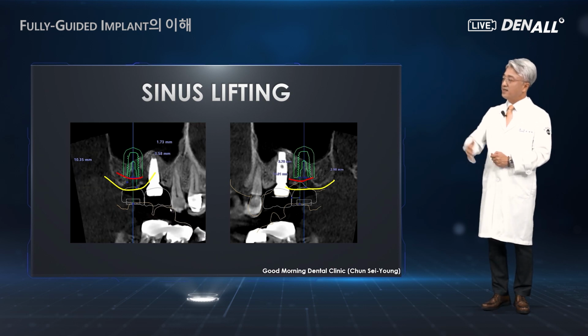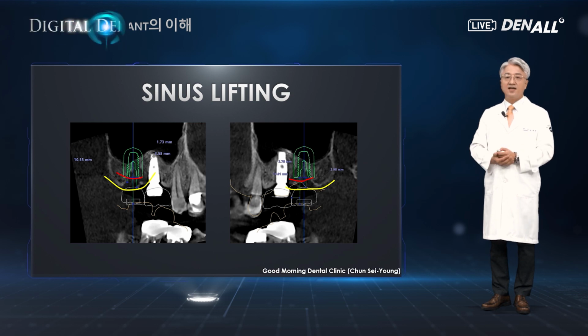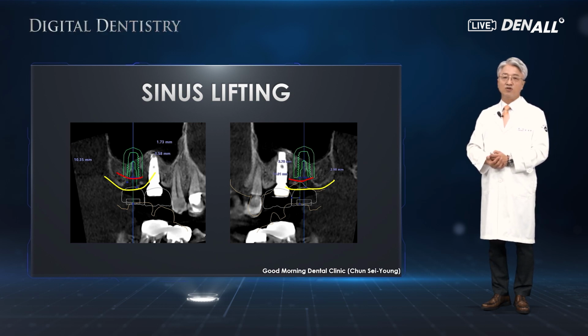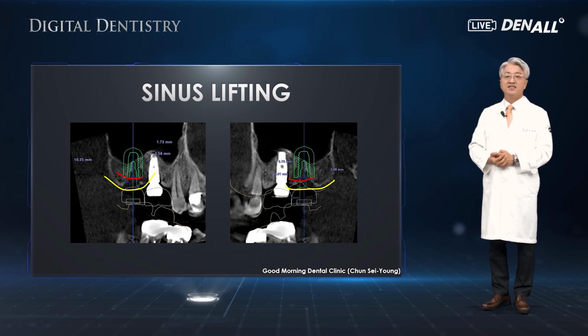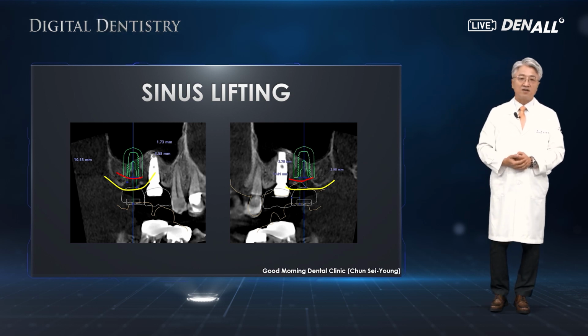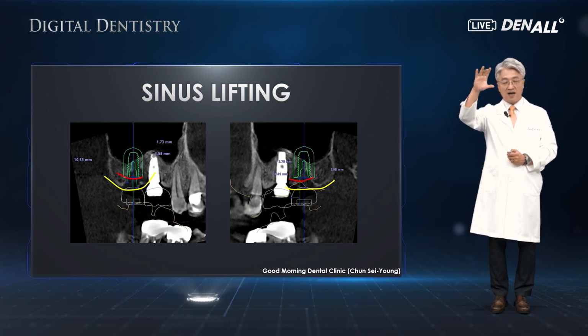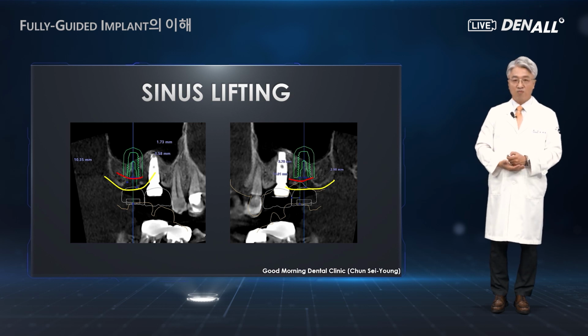The yellow line is the imagined future gingival line to have a more optimal crown shape. The red line is the future GBR height. Fitting that, the angle and length of a fixture can be determined before surgery.